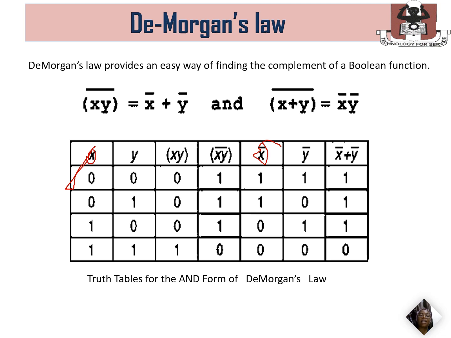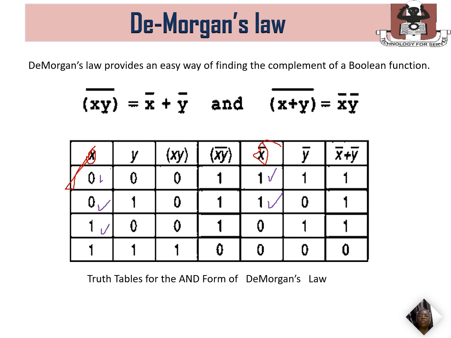So you find that this x and this bar x show that not x is completely the opposite of x. Like here, you can see we have a 0 here. Not x will give you a 1. Then we have a 0 here. Not x will give you a 1. We have a 1 here.